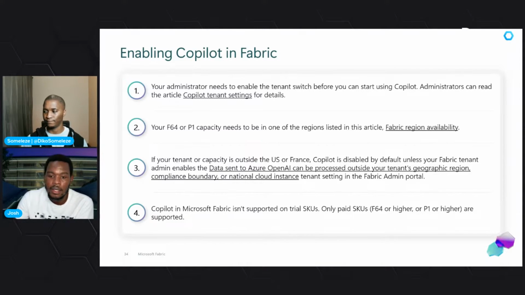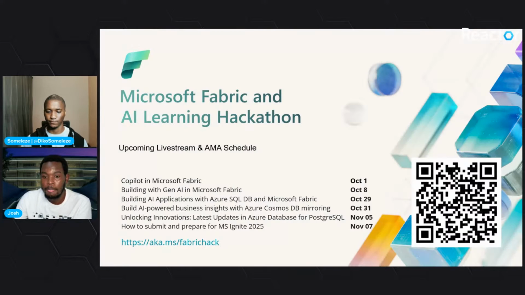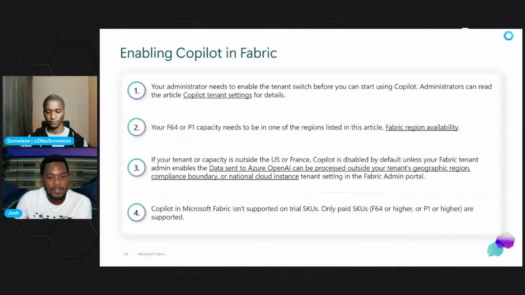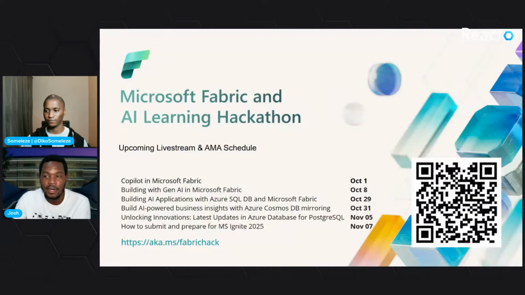That's why you'll need to ensure that your administrator turns it on. And lastly, Copilot inside of Microsoft Fabric isn't supported on trial SKUs. So only F64 or higher or P1 or higher are supported within Microsoft Fabric. So I think that's it about the Copilot experiences in Microsoft Fabric and also the AI-powered capabilities within Microsoft Fabric.